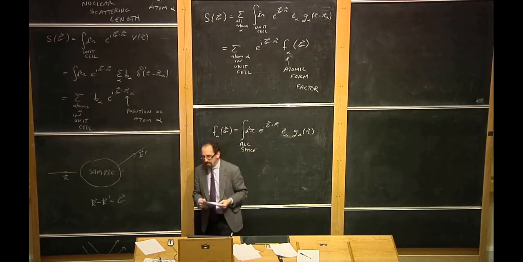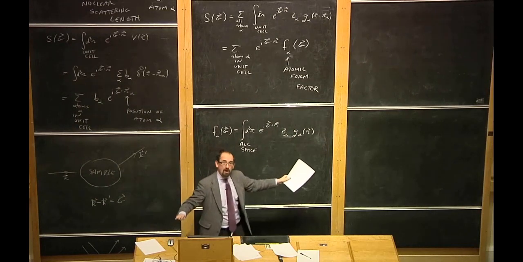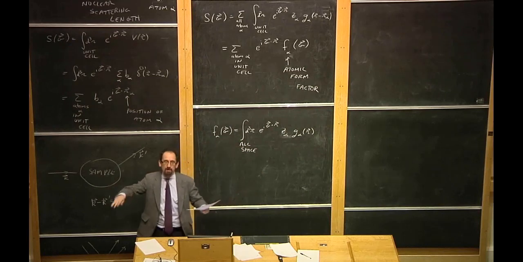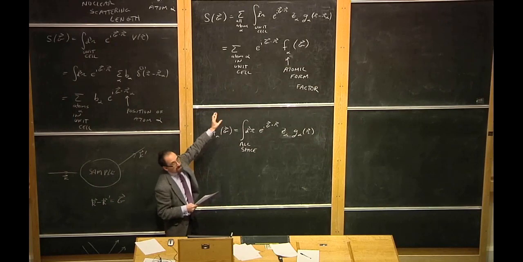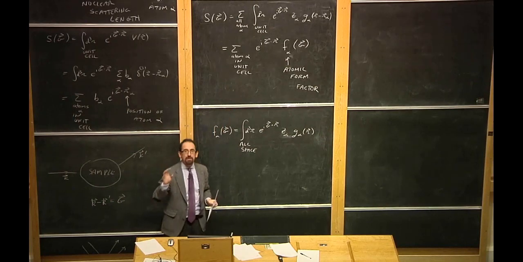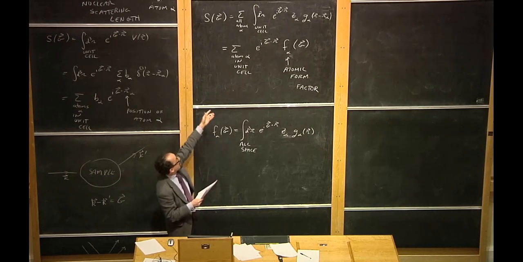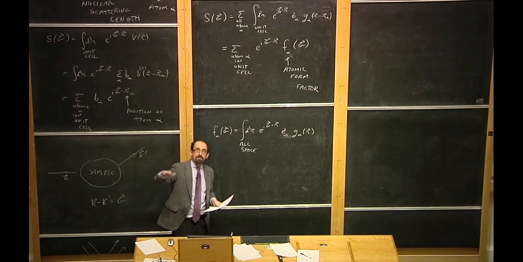But to try to convince you that the integral should be over all space, let me make the following argument. These shape functions g have long tails. I mean, the tails are small, but they go out a long way. If you're only adding up over atoms within the unit cell, you would never feel the tail of one of those shape functions. But you should be including the tails of all your neighbors.